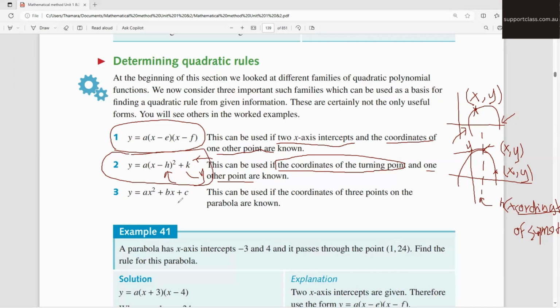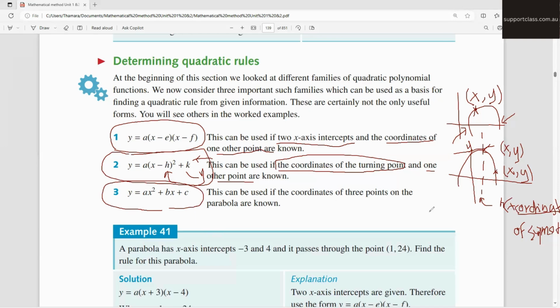You need 3 points on the graph, so you can have 3 equations by substituting, to find a, b, c. We will look at how to do it as well. That's the third type of solving the parabola.